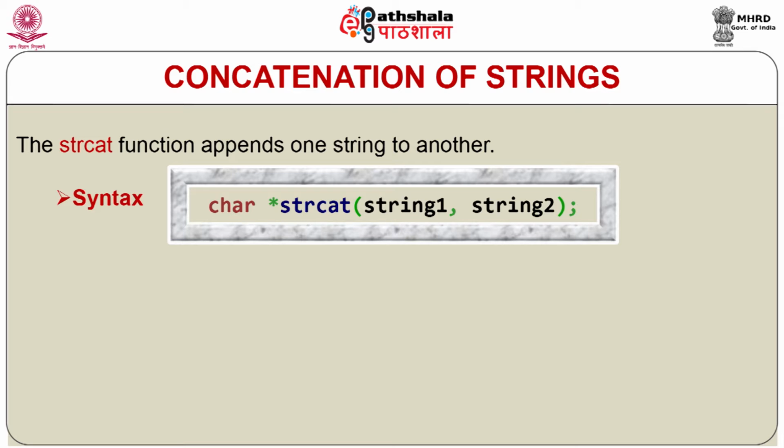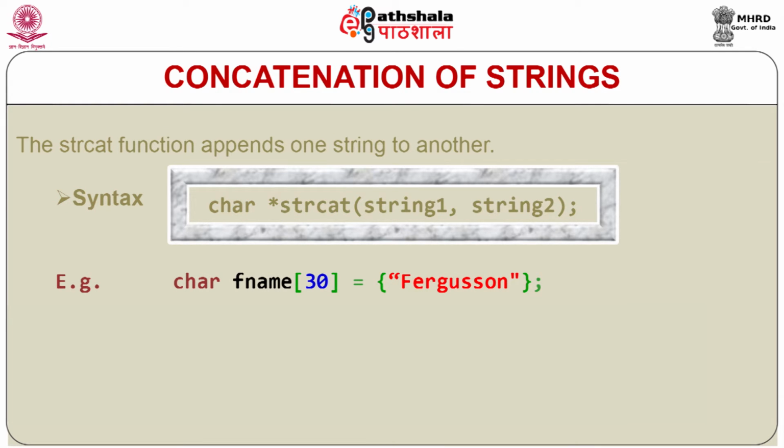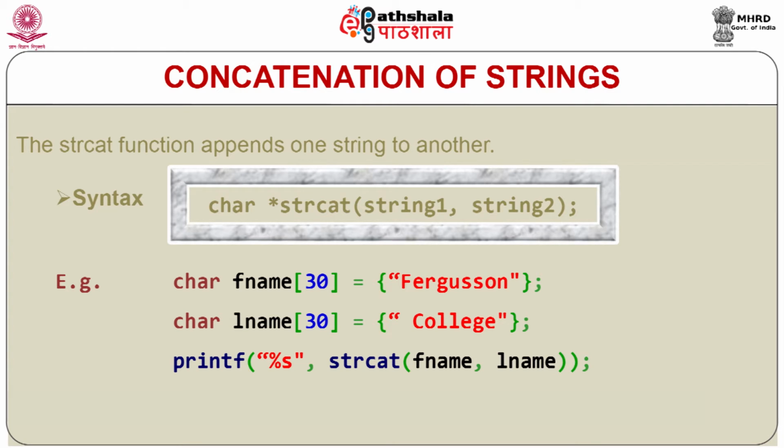Now let us see a simple example of joining of two strings. Here I am considering the first name as the first string, Ferguson, and the second string, college. Now I would like to join these two different strings, fname and lname. So fname is Ferguson, lname is college. If I use this string concatenation function, then I can join these two strings.